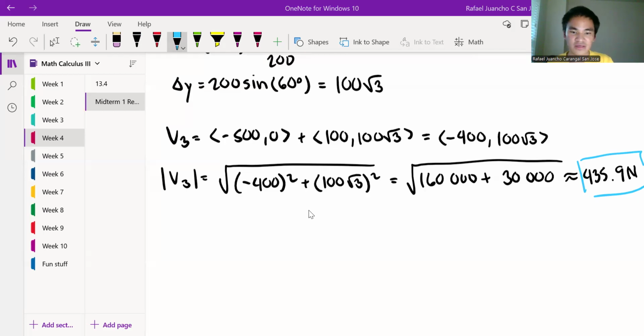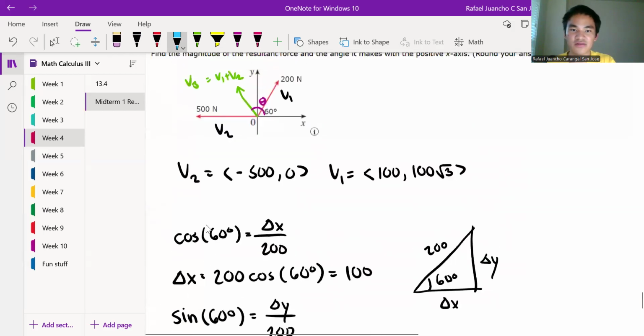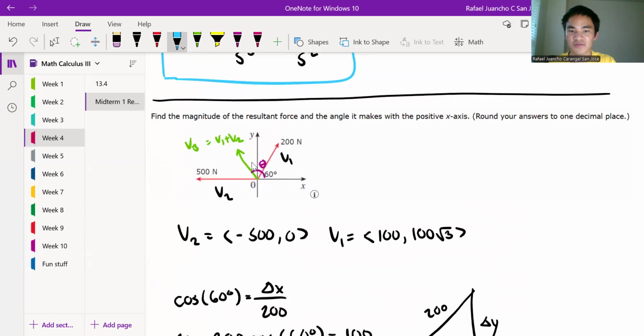Okay, finally got it. Now I need to find the angle it formed. So from here to here, right? Now, my idea here is to probably use the dot product to do it. But I don't think they taught us that one yet. So I know there was another way. But you know what?